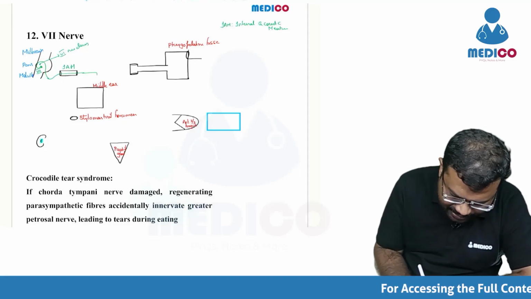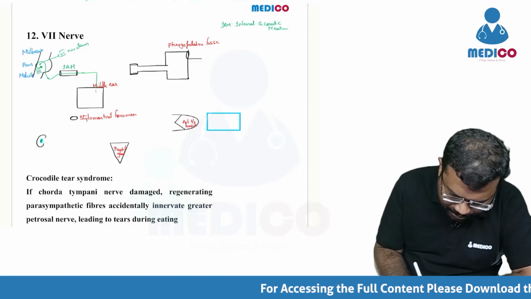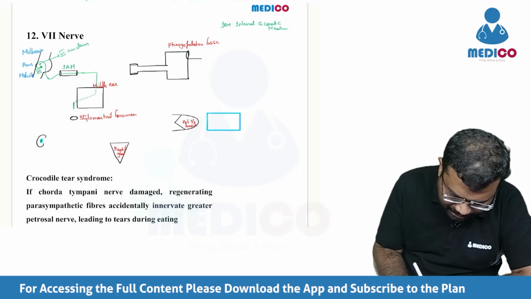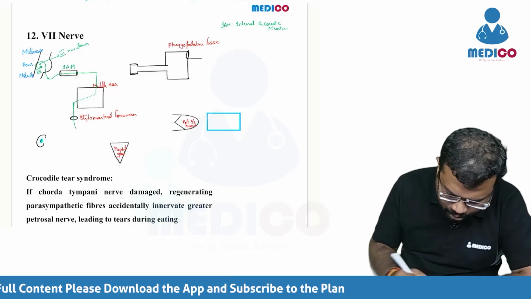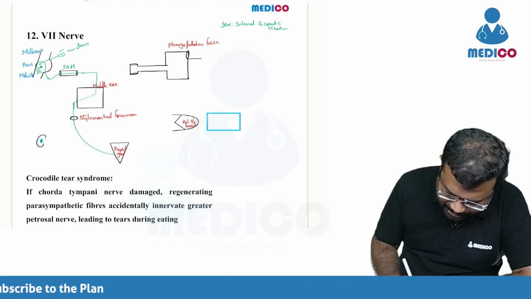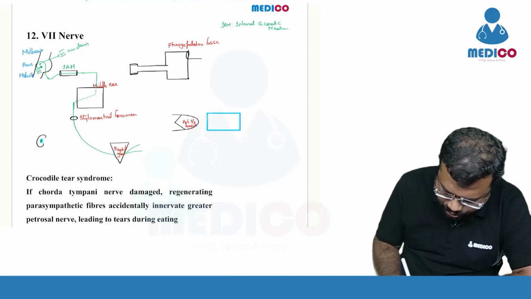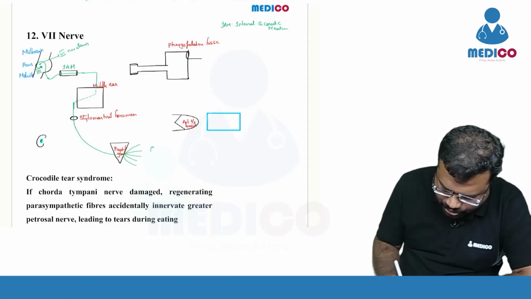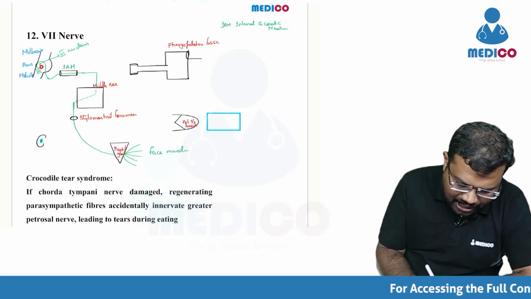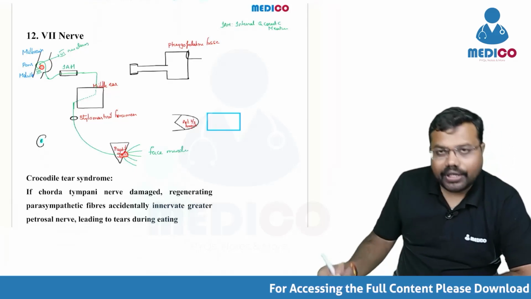Then it descends and goes along the medial wall of the middle ear and then the posterior wall of the middle ear to exit through the stylomastoid foramen. Once it comes out of the stylomastoid foramen, it pierces the parotid and divides into 5 terminal branches to supply the face muscles.